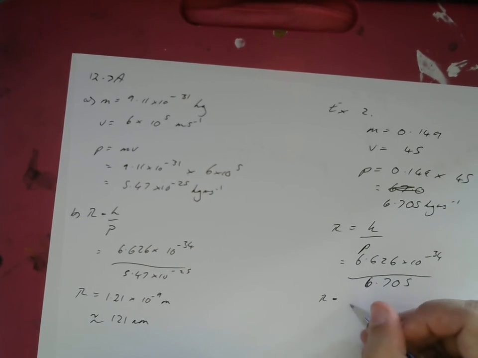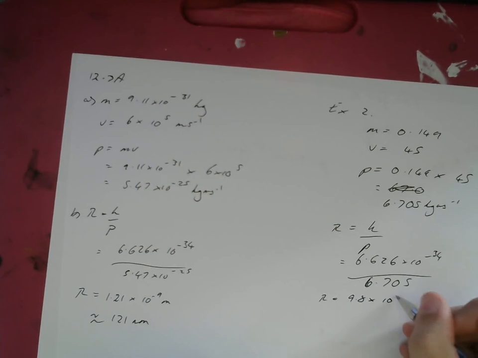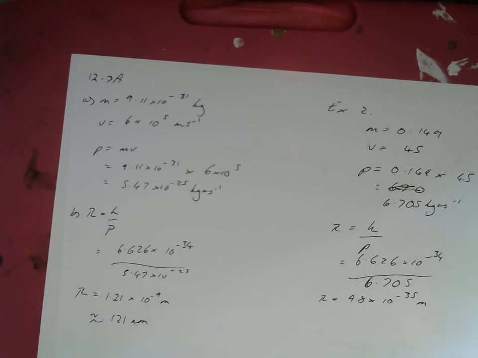That wavelength is so small that it's basically irrelevant. You wouldn't notice it. In fact, that actually might be smaller than the Planck length, so pretty close to anyway. So this wavelength is irrelevant for a baseball that is being thrown at major league speeds.